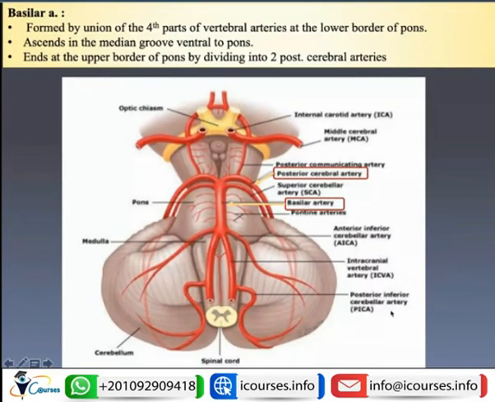Okay, so I was just discussing the basilar artery. The basilar artery is formed by the junction of the fourth part of the vertebral artery on both sides and runs in a groove in the pons, and at the upper end of the pons, it divides into its terminal branches, which are the posterior cerebral arteries on both sides.